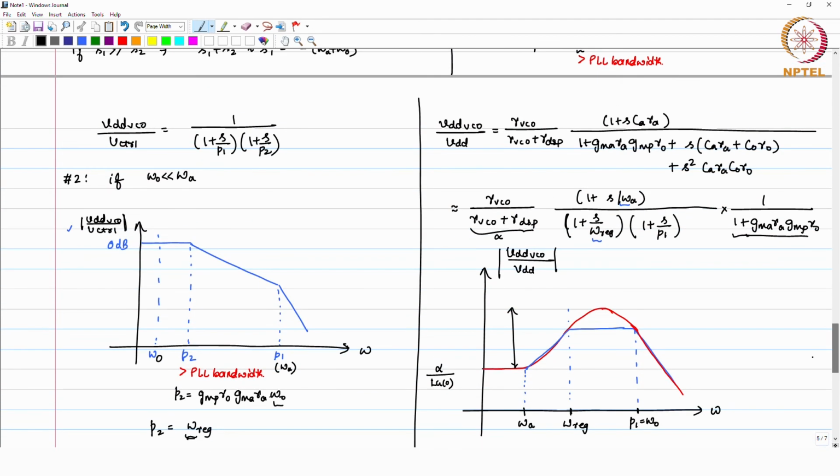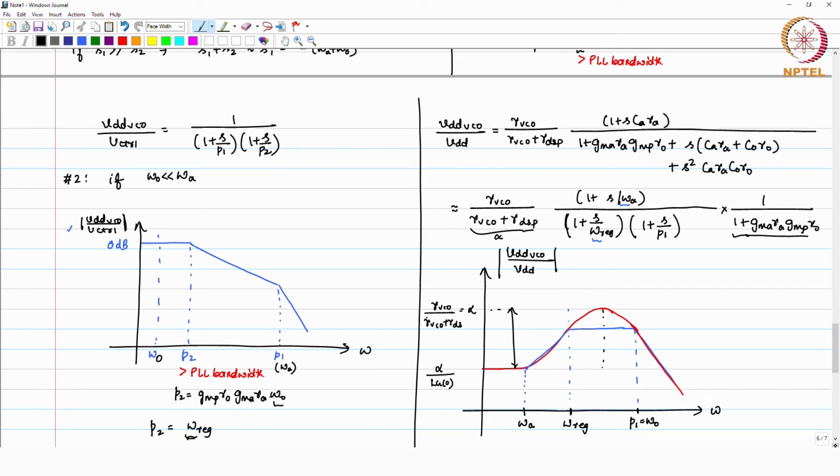And then when things peak, what happens at the peak? The peak frequency is slightly larger than your regulator frequency, and the peak value is actually alpha itself, which is RVCO divided by RVCO plus RDS. How are you going to find out?